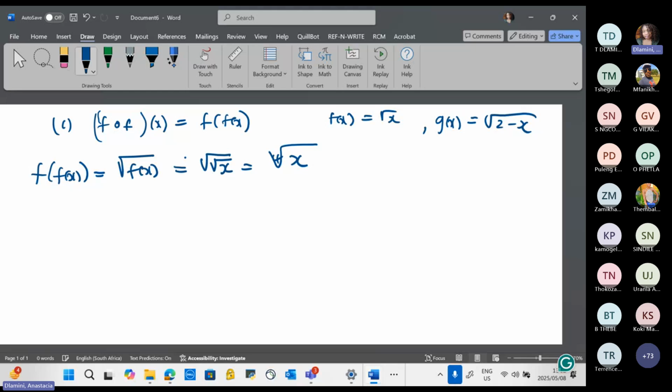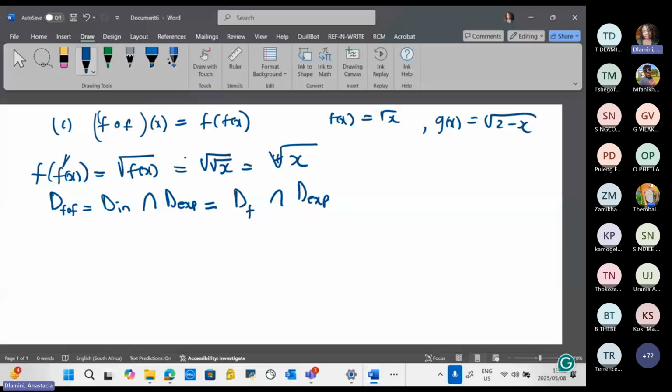Yes, ma'am. So now the domain of f compose f is equal to the intersection of the inner function and the expression. I know in the textbook they didn't write the expression.